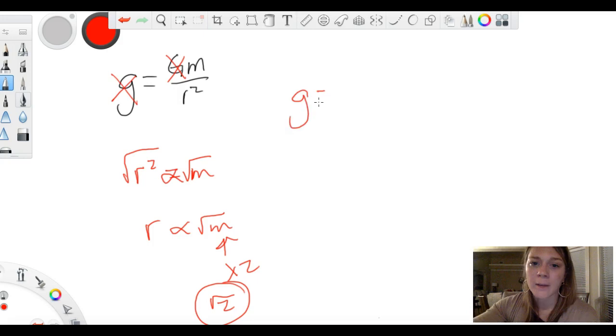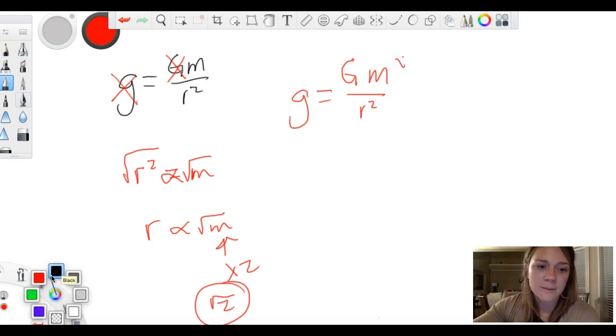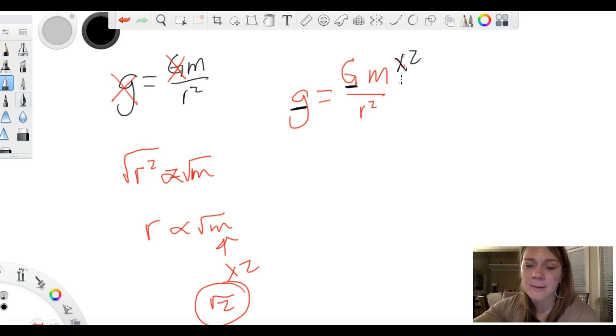If I look at it in the bigger picture, g is equal to big G m over r squared. If I double mass, remember, this g has to stay the same, and I'm doubling mass. What do I need to do with r if I want this ratio to stay the same?